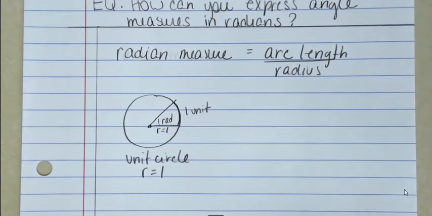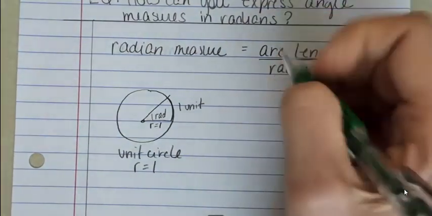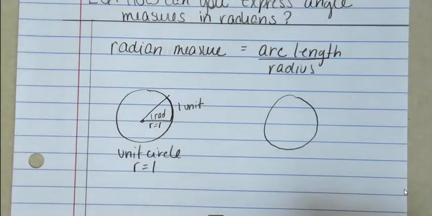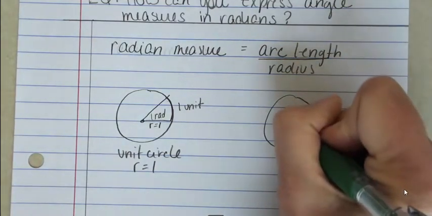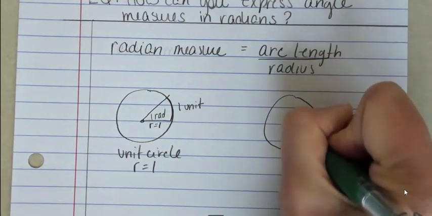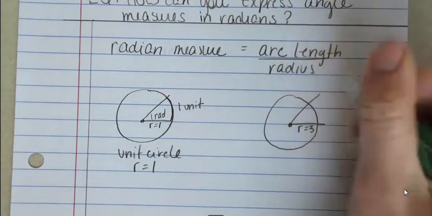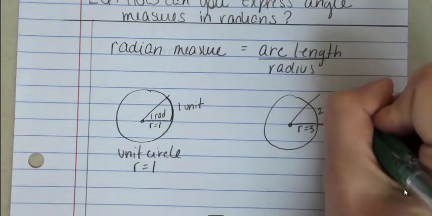Now, that can go on to any circle out there. So, for example, maybe I don't have the unit circle. I have some other circle. Maybe it's got a radius of 3. And let's say I cut off an arc with 27 units.